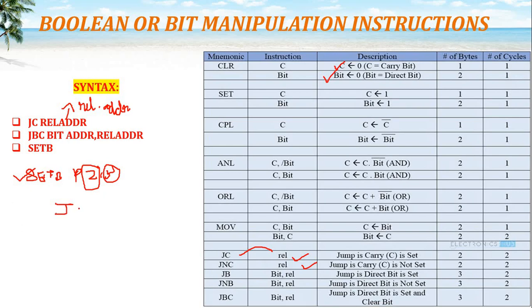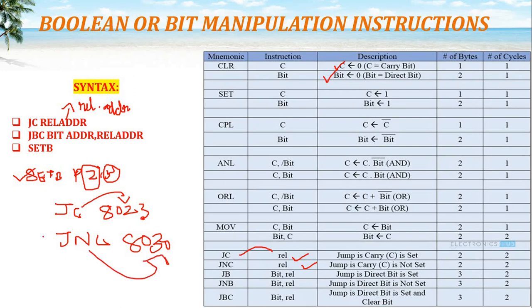If JC, I'm giving it 8023, that is, if carry is set, then jump to this address. And again I'm giving one address, JNC 8030. If no carry is set, then jump to this address. These are some conditional instructions.